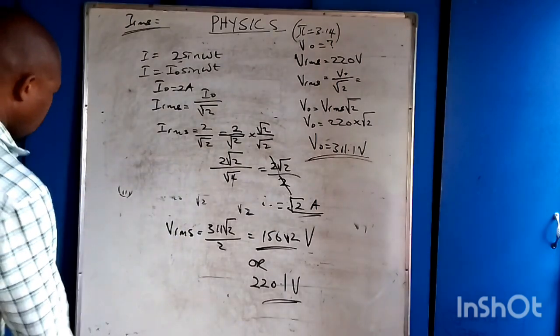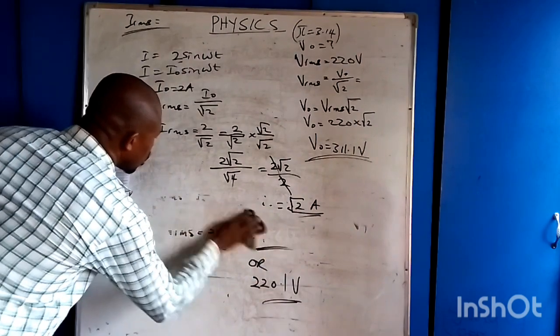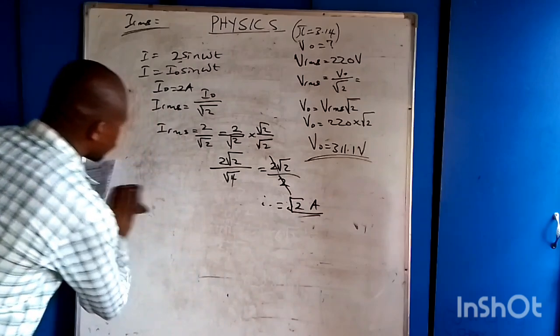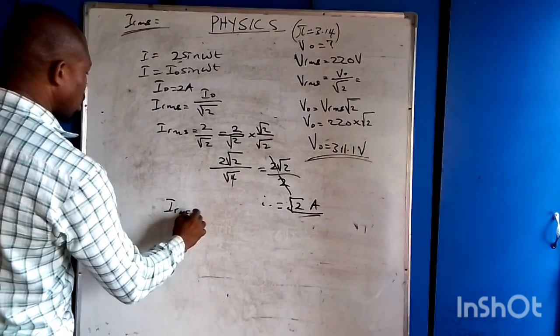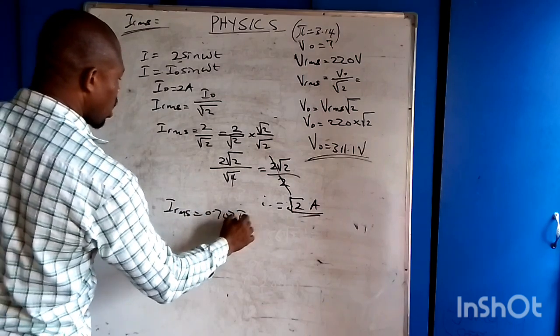Or you can still use the other equation. Alternatively, we can say that IRMS is 0.707 I naught.